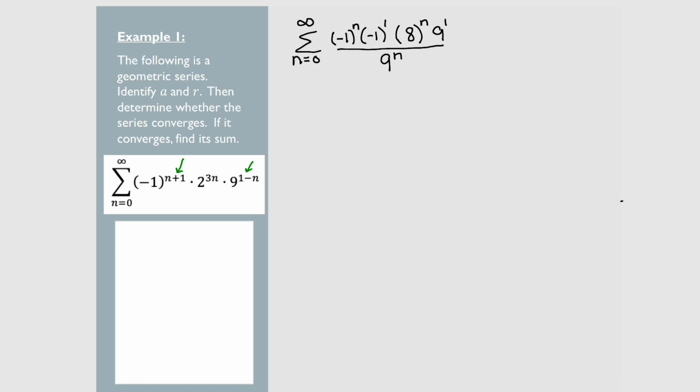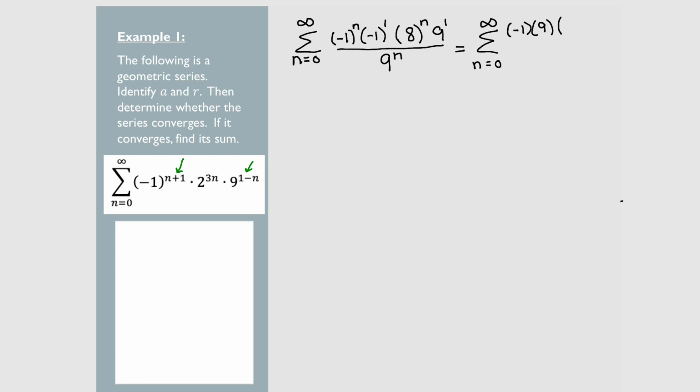Okay, so now I kind of see my pieces. Let's break it up a little farther. And let's put all the nth terms together and all those extra, constant factors together. And so notice we have a -1 to the 1 and a 9 to the 1. And those two can be put together as just my constants that are being multiplied by.